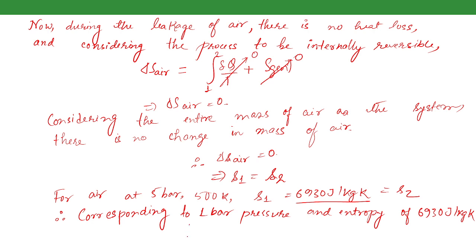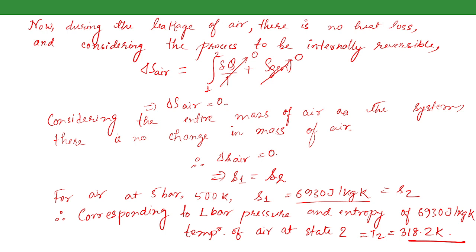The temperature of air at state 2, T2, is 318.2 Kelvin.